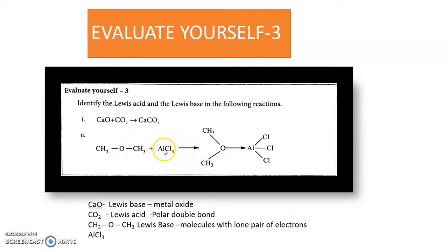Aluminum contains only 6 electrons in its outer shell instead of an octet, so it is a Lewis acid. The oxygen donates a pair of electrons to the aluminum, which is indicated by a coordinate covalent bond. So dimethyl ether is a Lewis base and aluminum chloride is a Lewis acid.